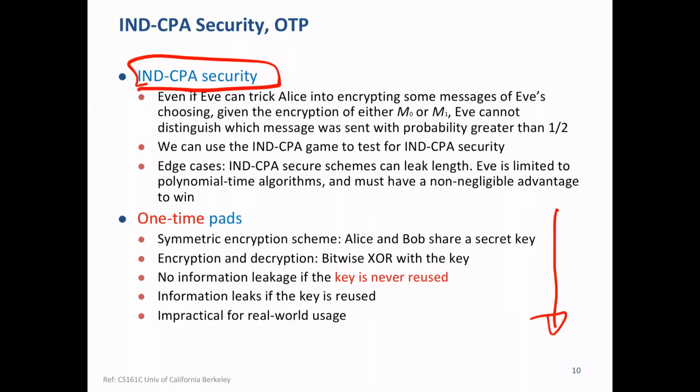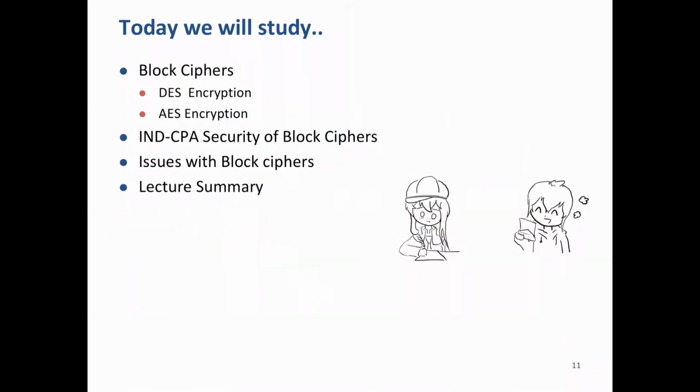Then later on we looked at the one-time pad concept, which is nothing but exclusive OR of the text with the key. Since the key is chosen randomly and used only once, it has very unique properties, but it's not very practical because the keys have to be, first, of the same length as the text, and secondly, keys cannot be reused. So this is what we studied in the last class.